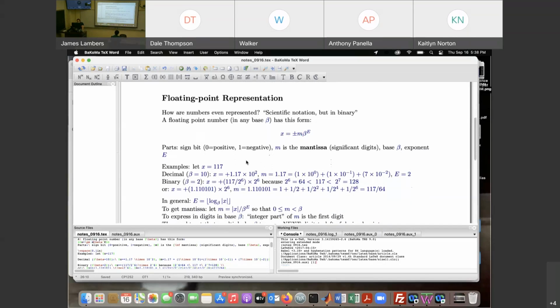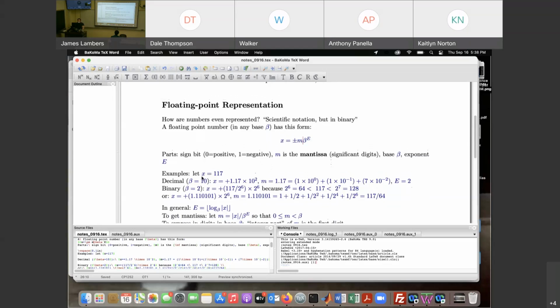Now, as an example, I'm going to use x equal to 117. I'd like to represent that in binary, but first, to contrast, we'll take a closer look at how it's represented in decimal if you were to use scientific notation. So in decimal, you could think of 117 as positive 1.17 times 10 squared.